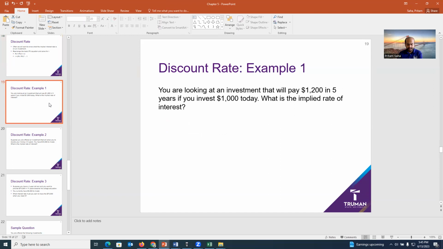So let's start with this problem first. The discount rate, example 1. Let's say you're looking at an investment that will pay $1,200 in 5 years. If you invest $1,000 today, what is the implied rate of interest? So let's copy this information first, okay?